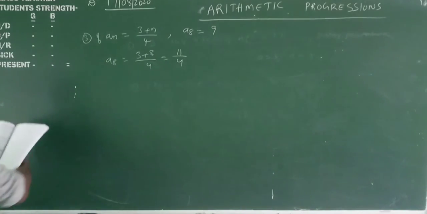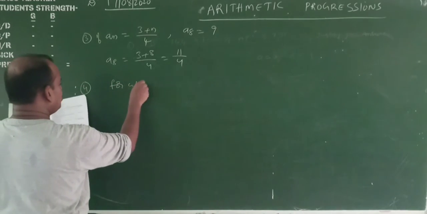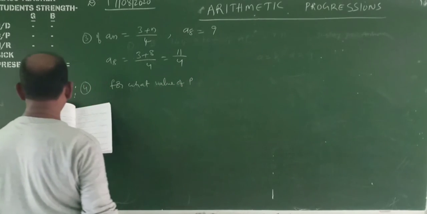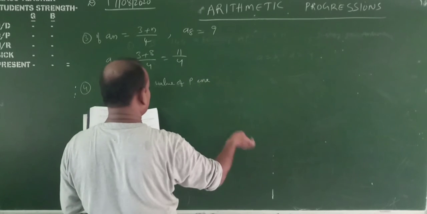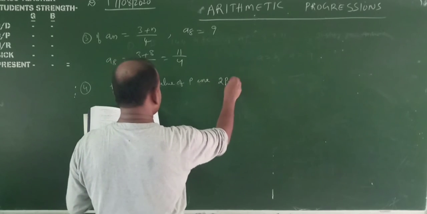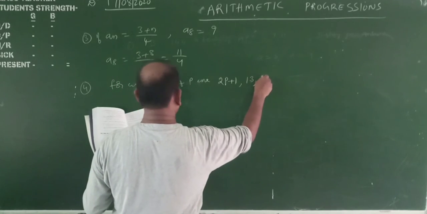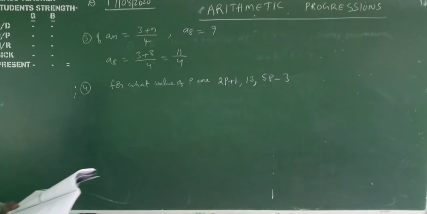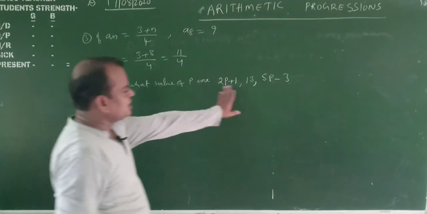Next, fourth question. For what value of P are P, 2P plus 1, 30, 5P minus 3 three consecutive terms in AP?